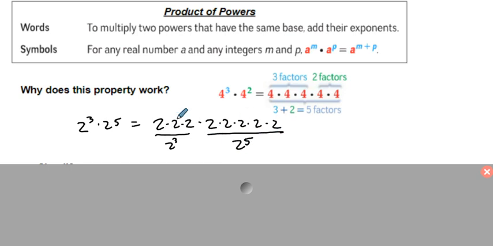If you rewrite it back, there are now 8 2's. So you can get there much quicker by adding 3 and 5, keeping the base the same, and you get 2 to the 8th power.